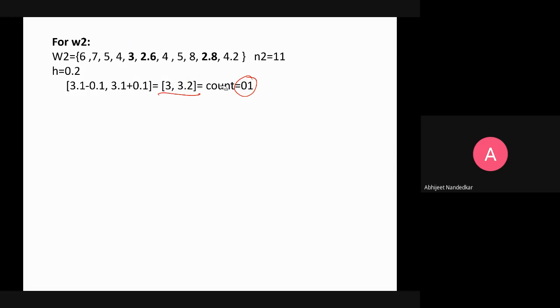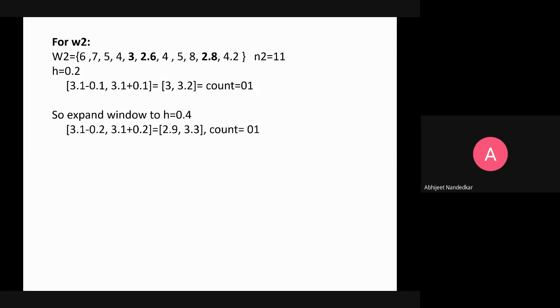So what is the remedy for this? To increase the window size. Suppose I increase it to 0.4. I again find out the window limits. So these new limits are 2.9 and 3.3, so it is 0.4 divided by 2.